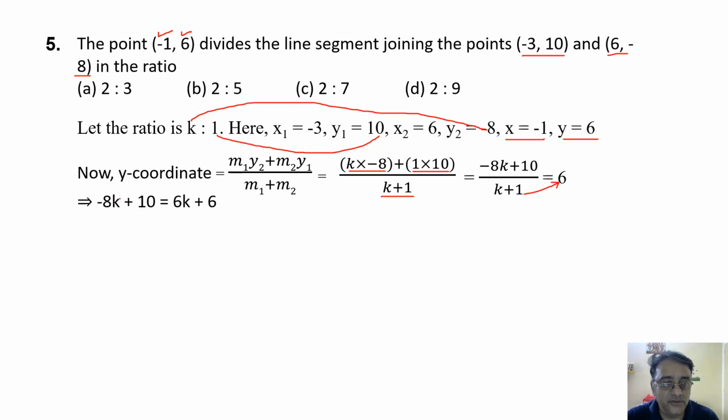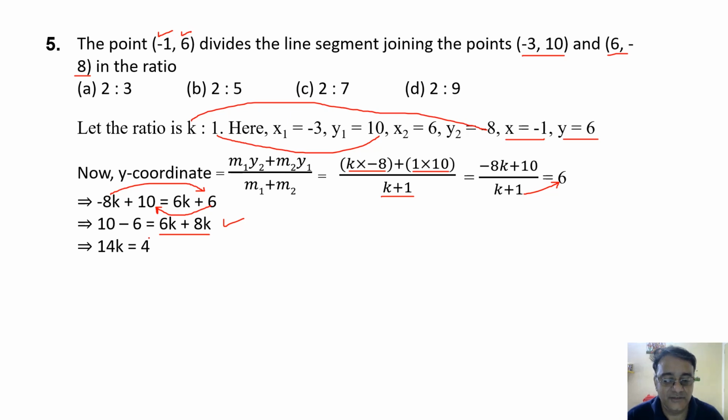Now we are going to shift -8k to this side and 6 to this side. So we get 10 minus 6 is equal to 6k plus 8k. This step is clear? Yes, sir. Okay, so 14k is equal to 4. So what is the final answer? 4/14. You have to simplify also. 2/7.